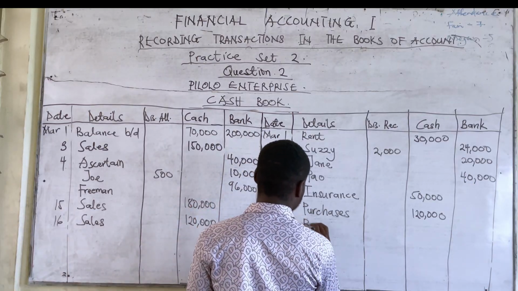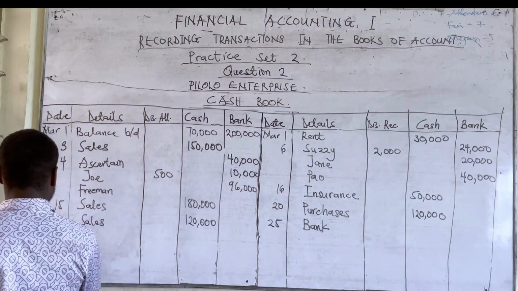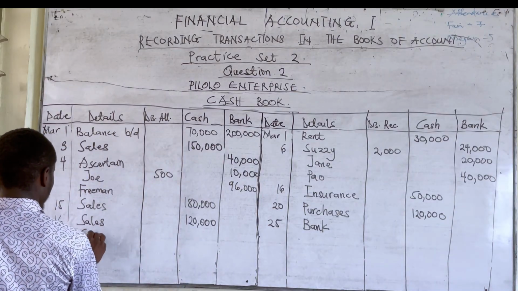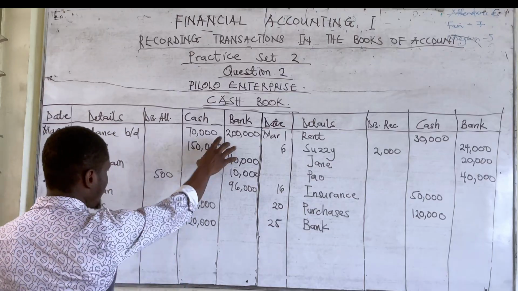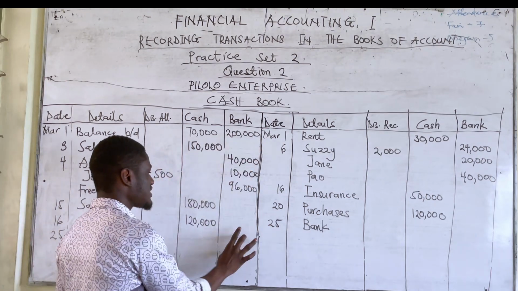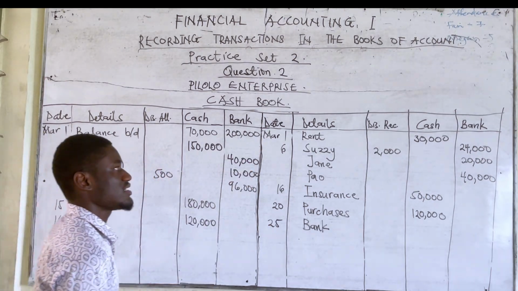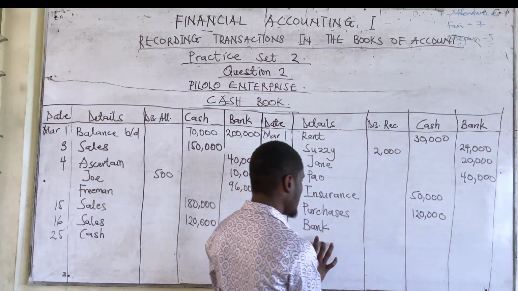So here, bank. Cash. You get it? Because we have to debit the bank, because it's the bank that is increasing. We debit the bank in the name of cash. The one which is decreasing is the cash. So we credit the cash in the name of bank.